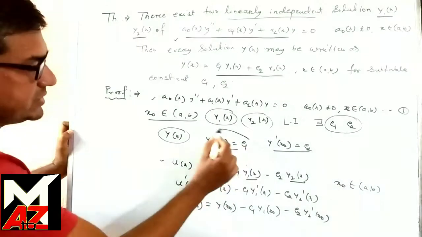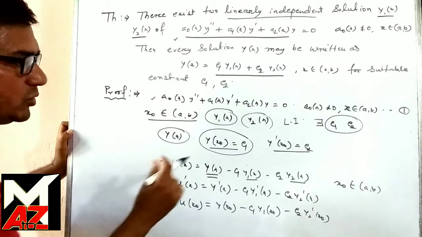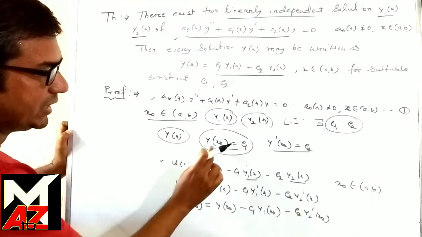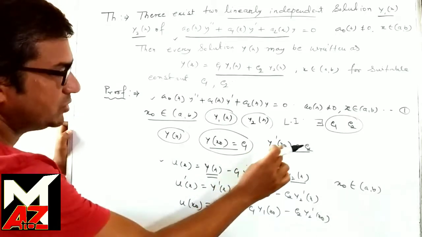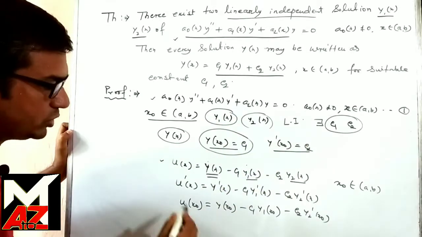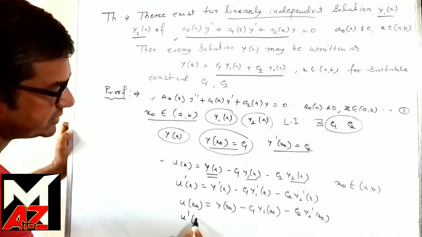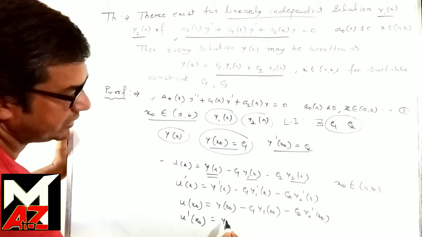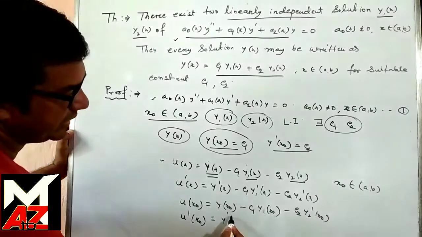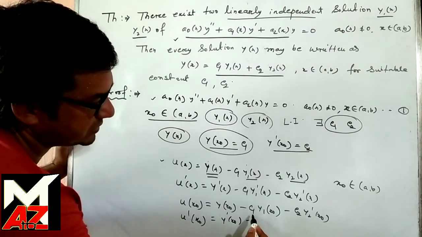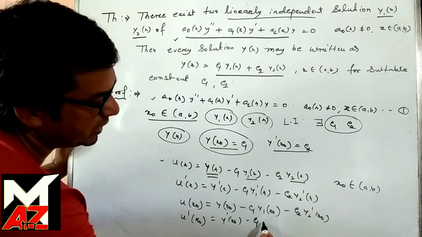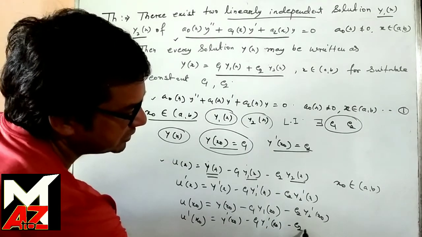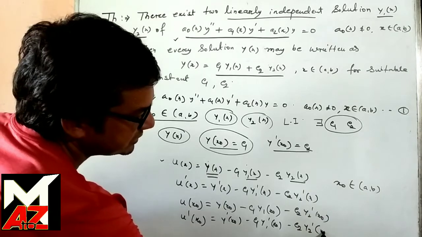Now using this result, y of x0 equal to c1 and y dash x0 equal to c2. Also we write u dash x0 equal to y dash x0 minus c1 into y1 dash x0 minus c2 into y2 dash x0.